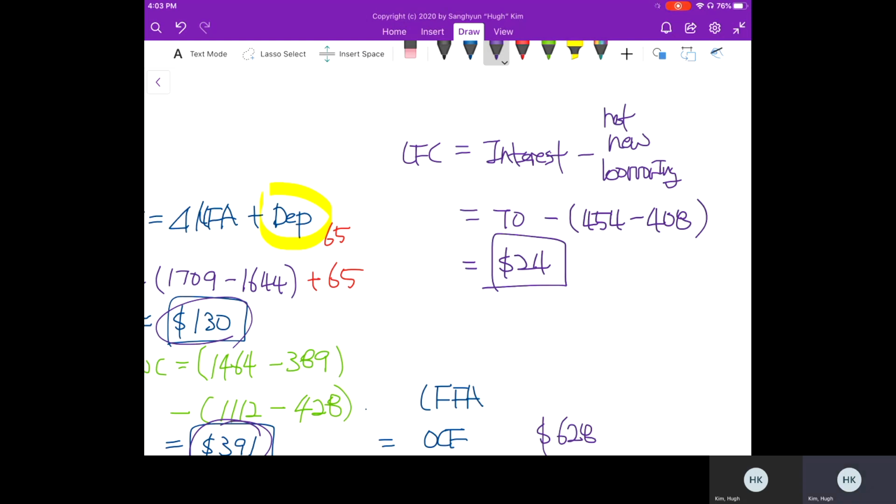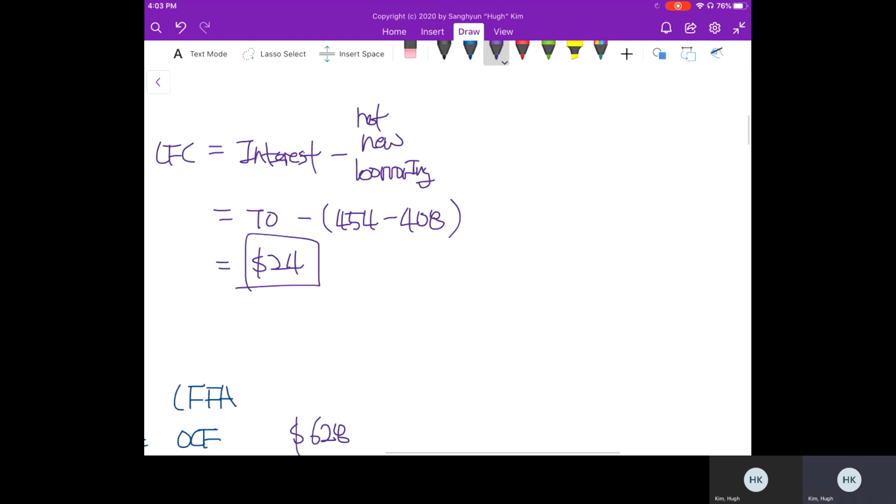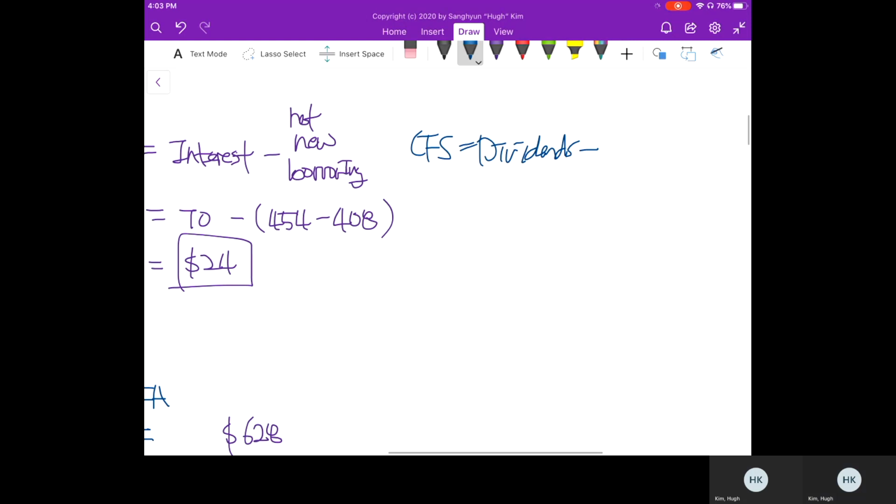And how about cash flow to stockholders? It's defined in a similar way: dividends minus net new equity raised.